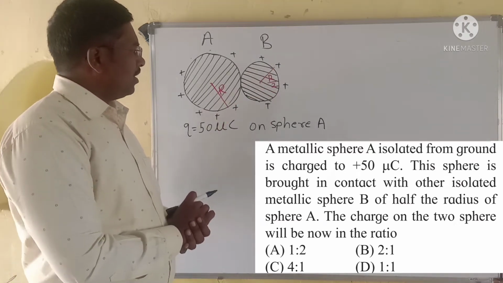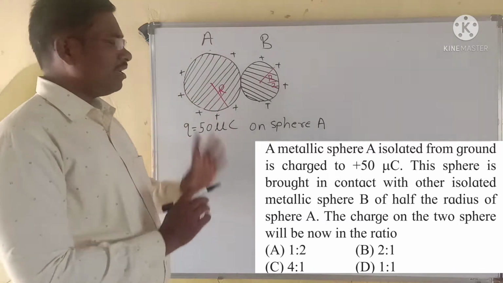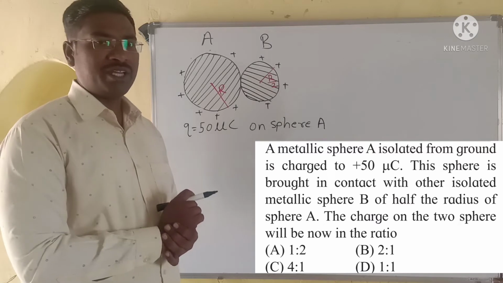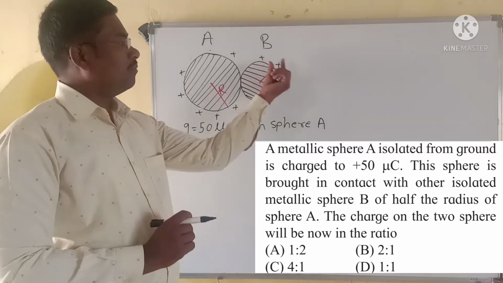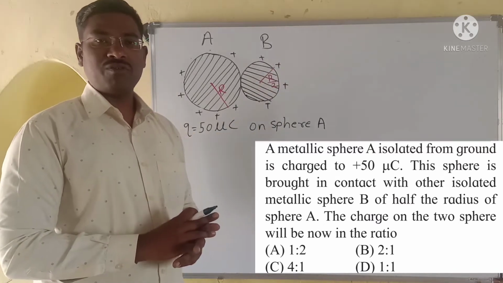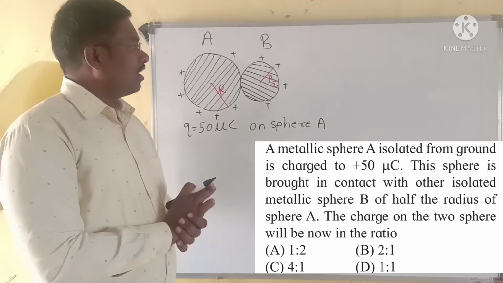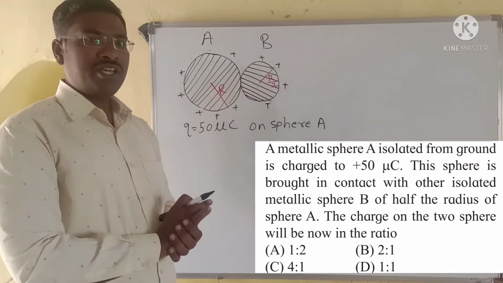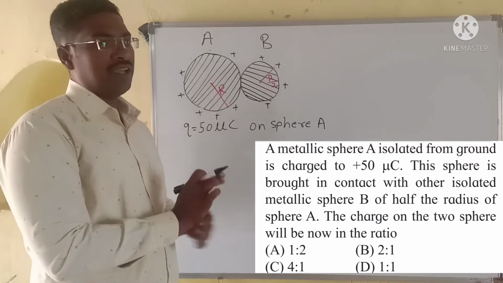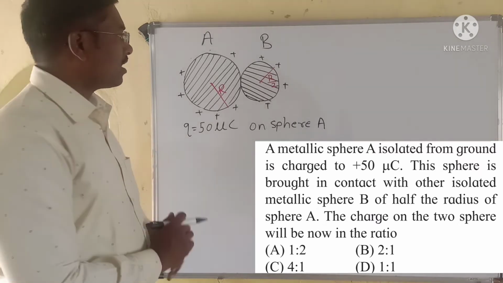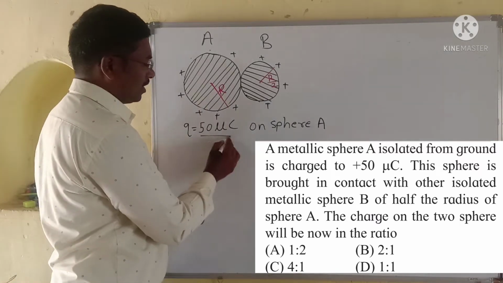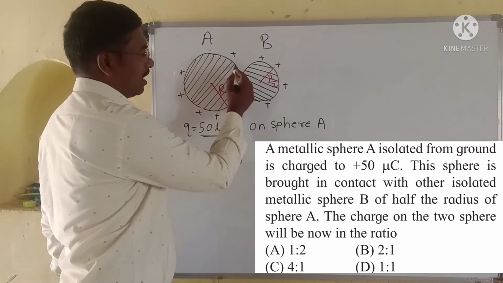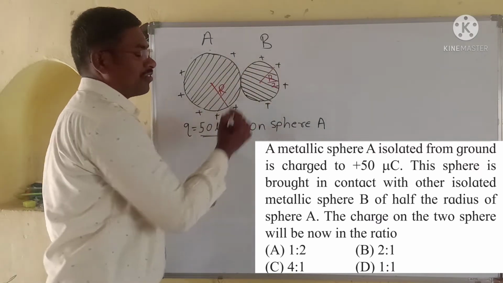Initially sphere A has a charge of 50 microcoulomb, and sphere B is initially neutral and isolated. This sphere B is brought in contact with sphere A. In that case, out of that 50 microcoulomb charge, some charge goes onto sphere B.